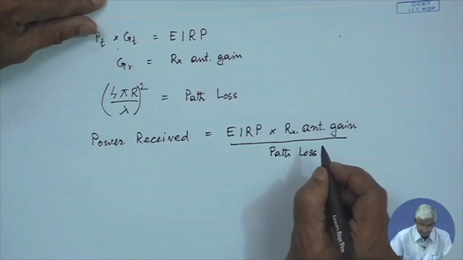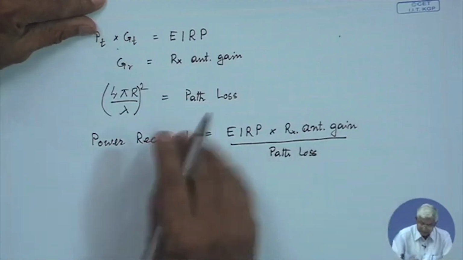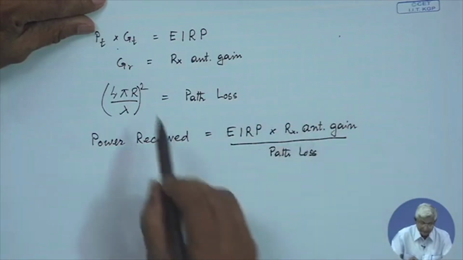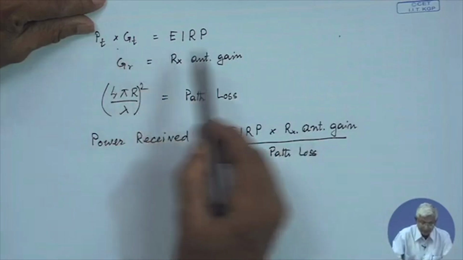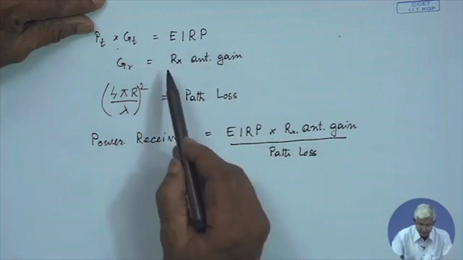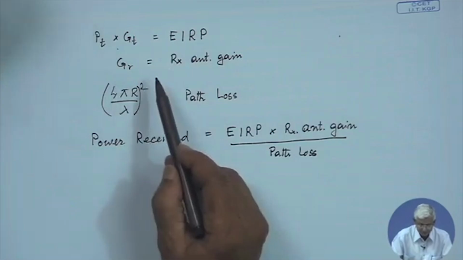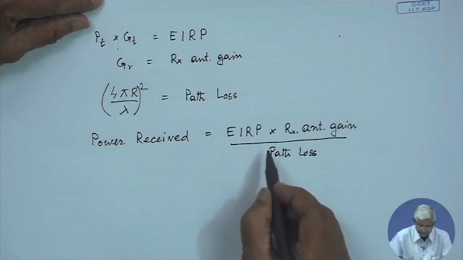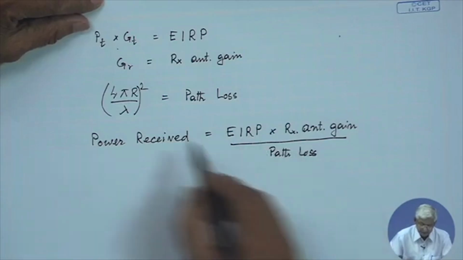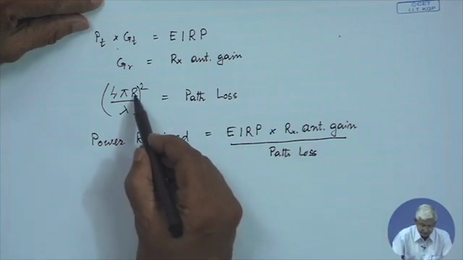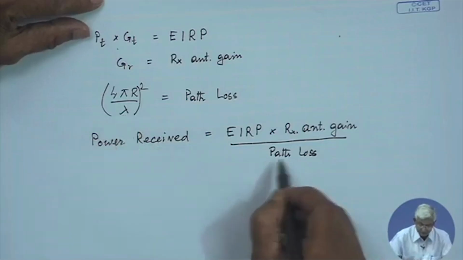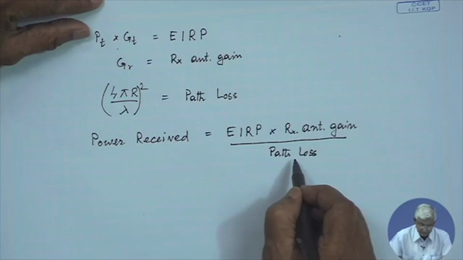You see, a lot of ideal conditions have been taken: the antenna gain at the transmitter and receiver we have taken at the maximum value, though of course G of theta, phi could also be taken. The loss due to the distance and dependent on the frequency of operation, the path loss, is calculated.